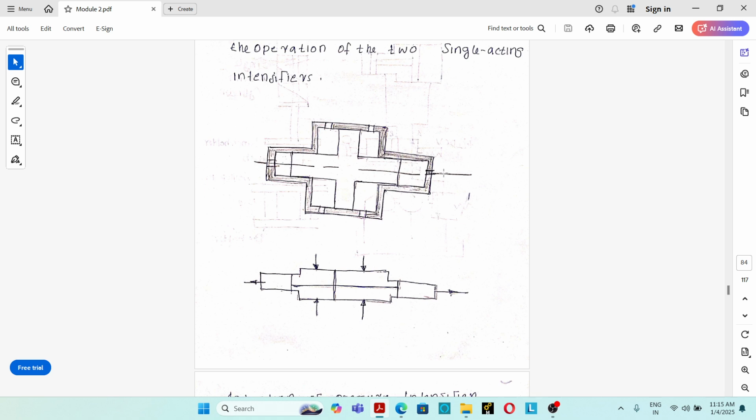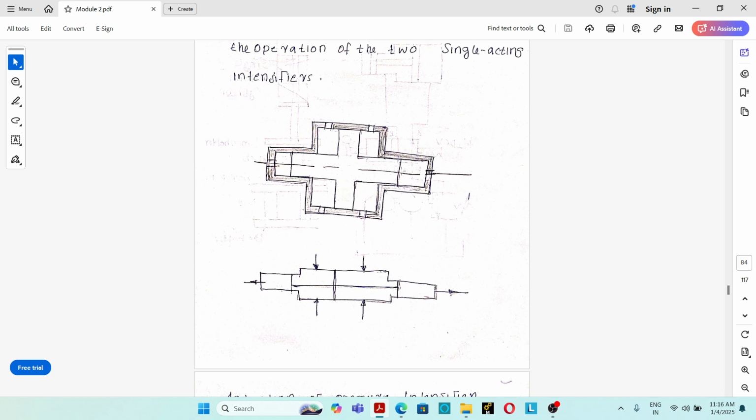If we require high pressure hydraulic oil on the right side, the hydraulic oil from the pump flows to the low pressure chamber on this side. The low pressure chamber has a right side and a left side. So the oil flows to the left side of the low pressure chamber, exerts a force over the low pressure piston, and the piston moves towards the right side.